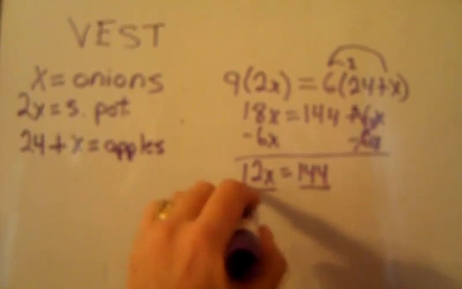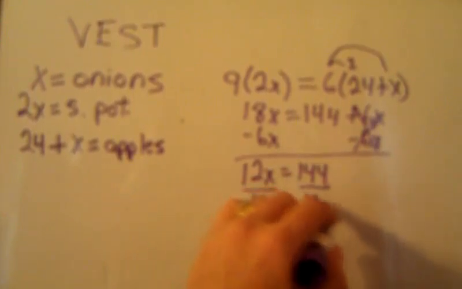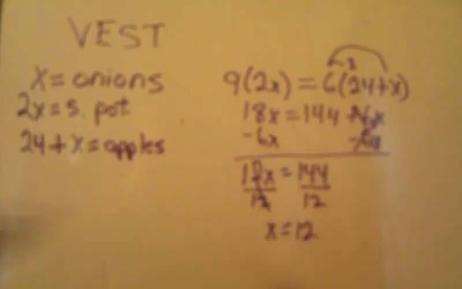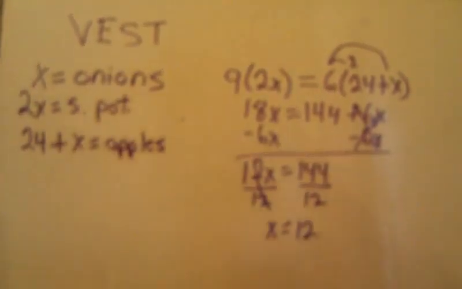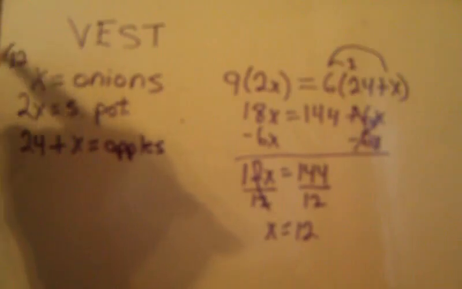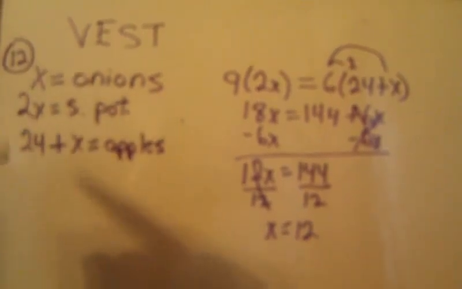Do you know 12 times what is 144? Do you know that one? Okay. That is 12. So onions, now remember, this is cents. It says cents, so my answer is cents. Onions are 12 cents. Sweet potatoes are 2 times the amount of onions.